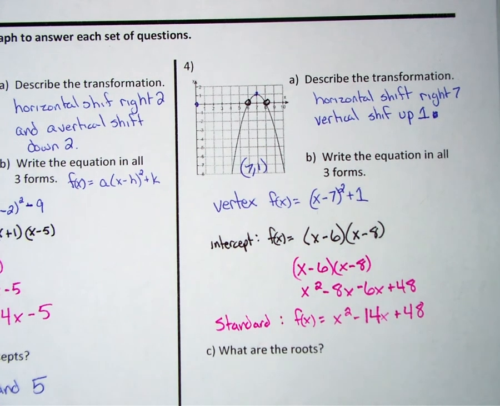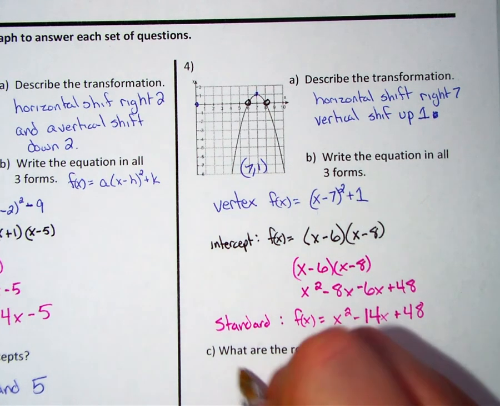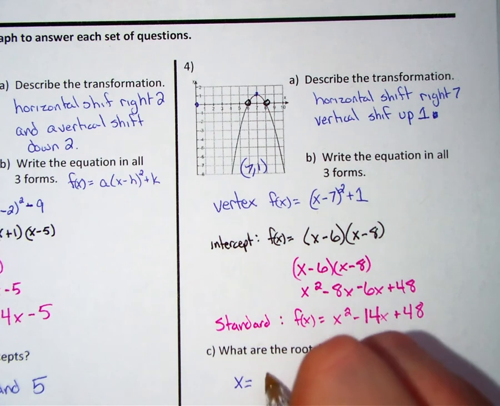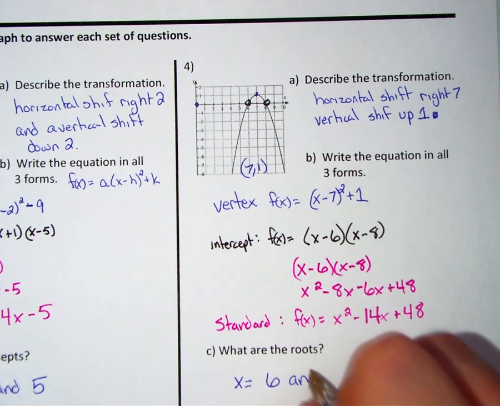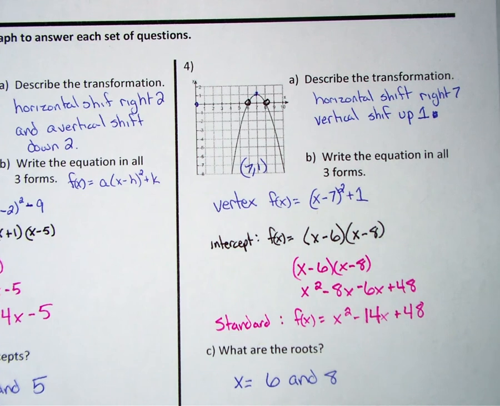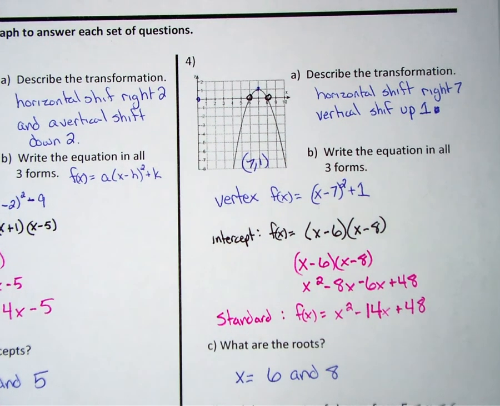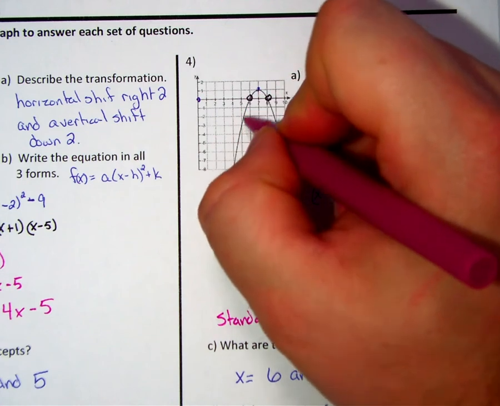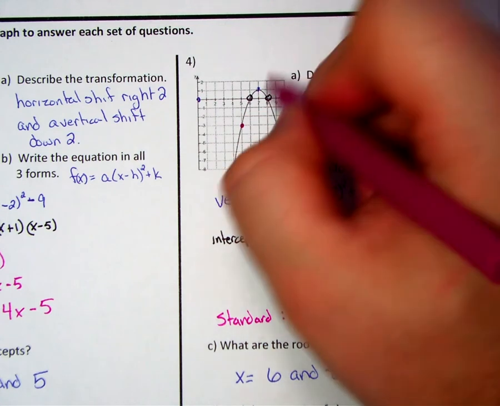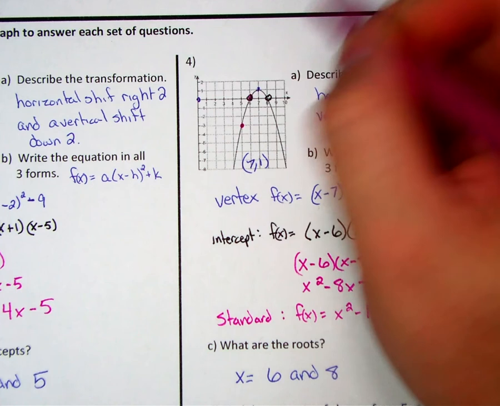What are the roots? Again, we already identified the roots where the graph intersects the x-axis. And so that was at x is equal to 6 and 8. Let's find the average rate of change from 5 to 6. So from 5, where does it intersect? And from 6, where does it intersect?